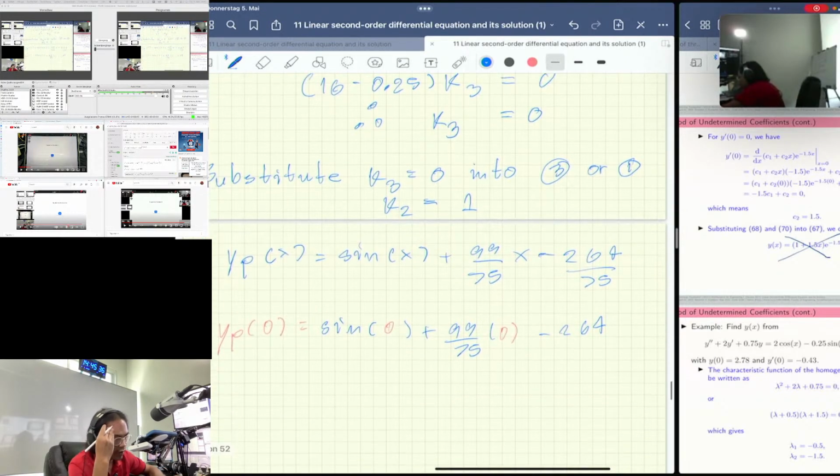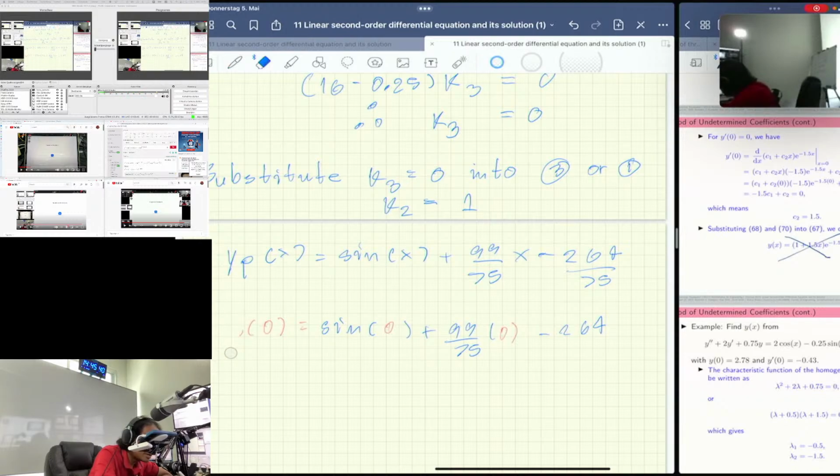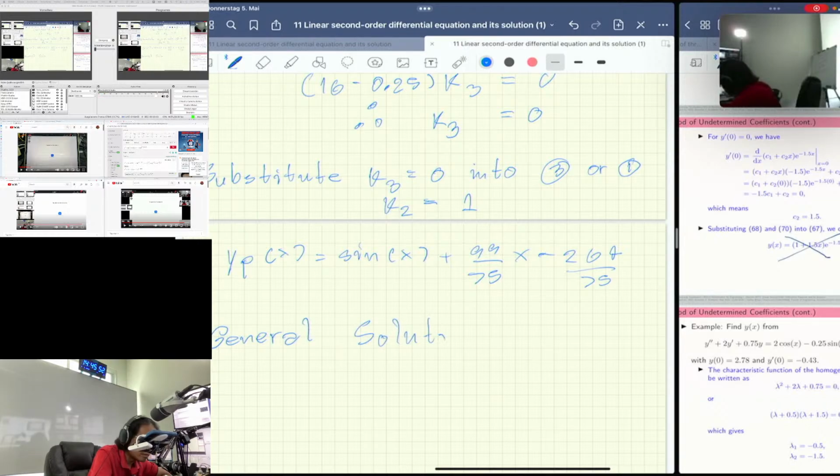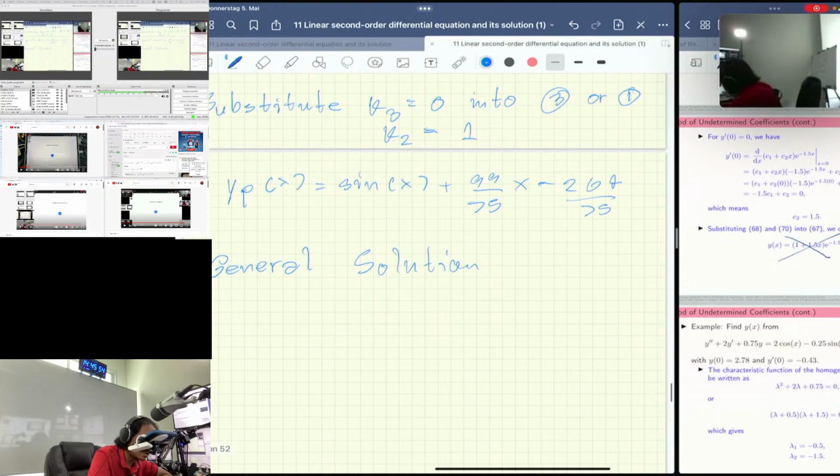Oh, you have to combine the solution in the general sense first before you substitute everything. Yes. The general solution will be y(x) is y homogeneous x plus yp x, right?